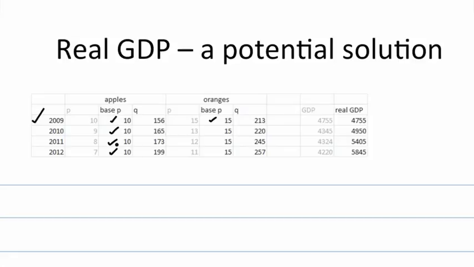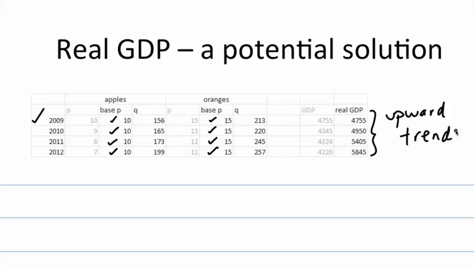And for oranges, I'm going to value the quantity of oranges as we go forward in time using that fixed base price. And I've done that calculation in the table for you, and you'll note that what we have with our real GDP is now an upward trend.